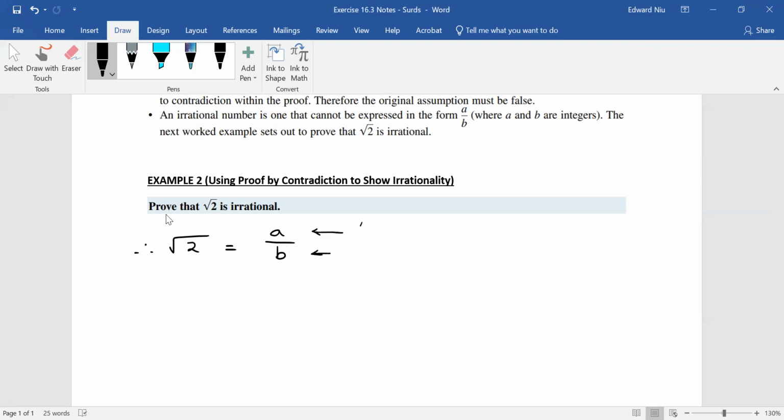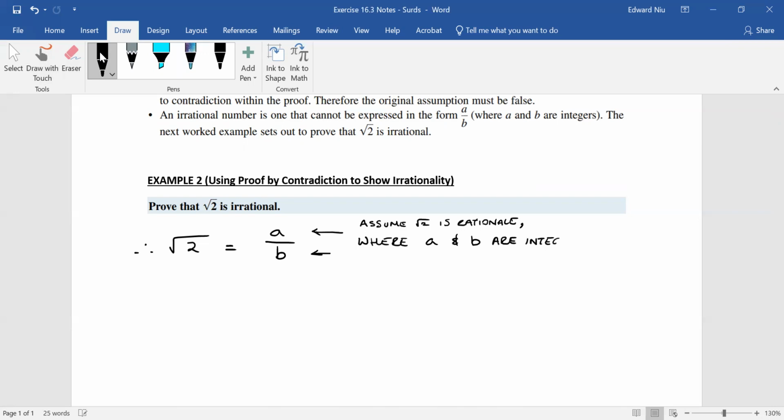Assume root 2 is rational, equal to a over b, where a and b are integers.